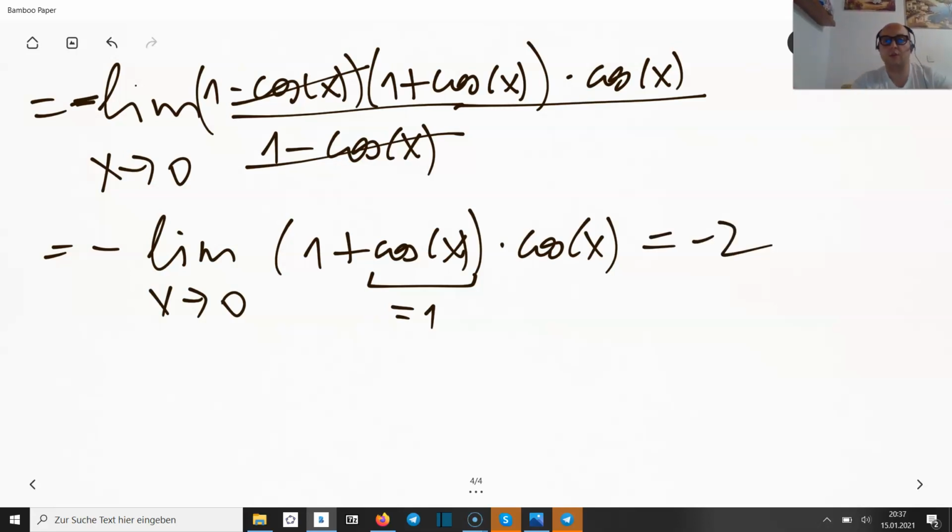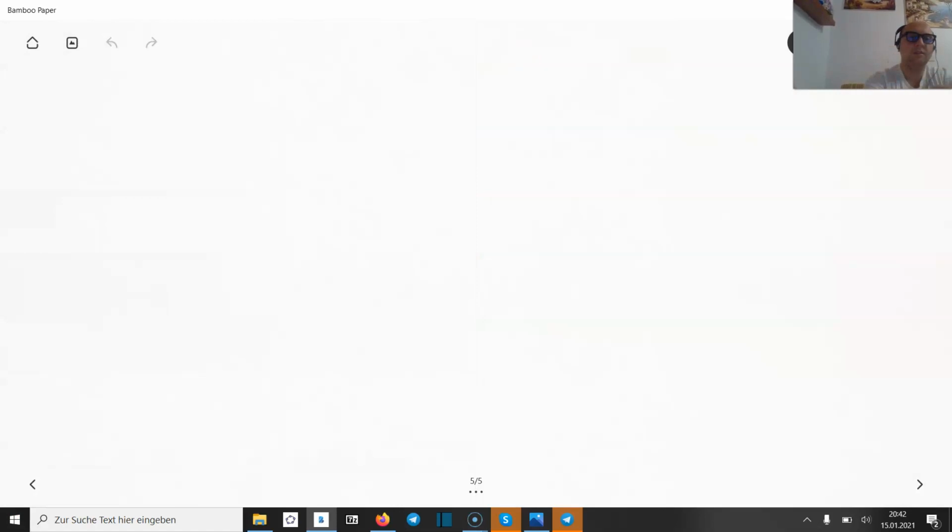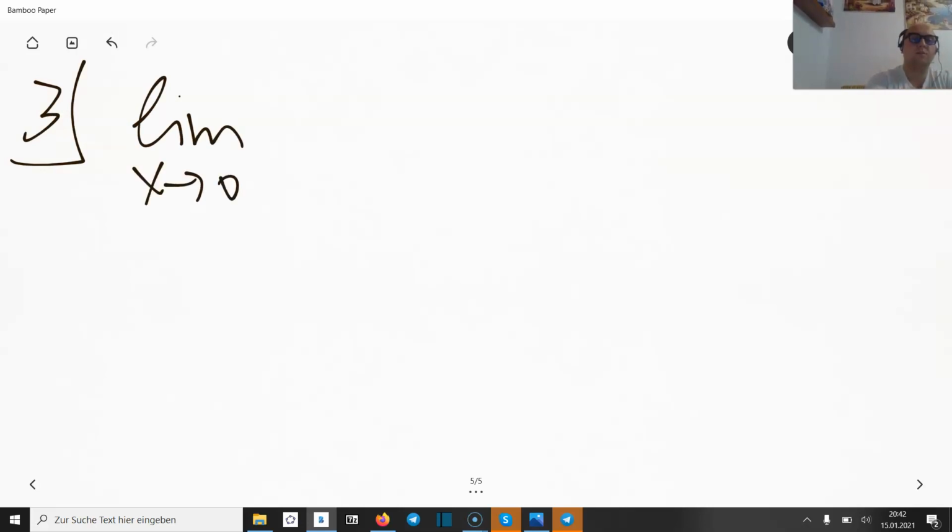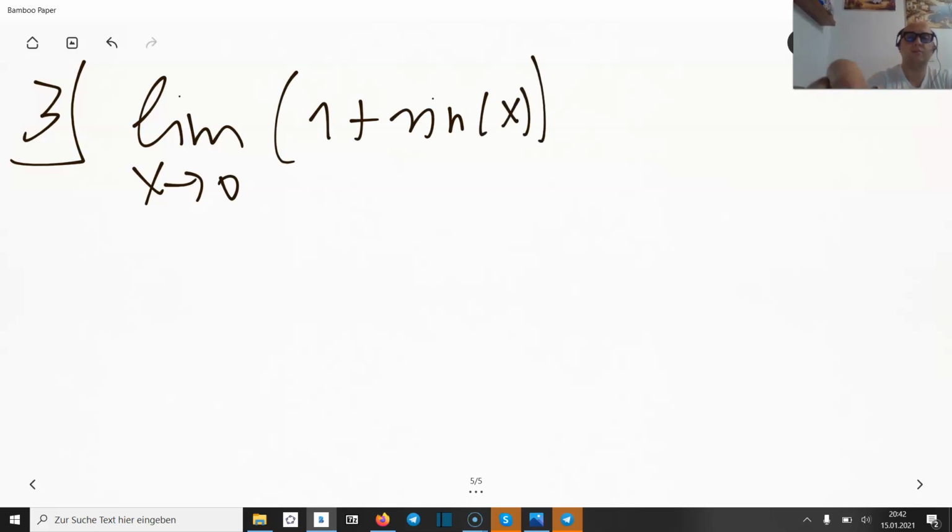Okay, question 2, check. Let's move on to question 3. And the third interesting example is just to have limit x towards 0 of 1 plus sine of x to the power of 1 divided by x, right? So one more variation, which is, well, just nice, I think.